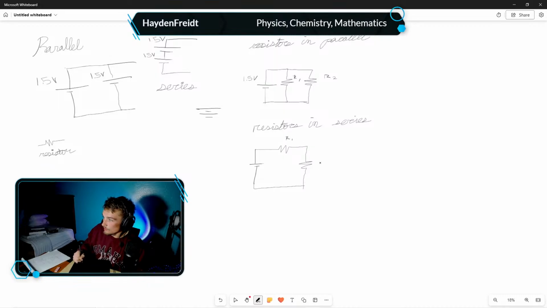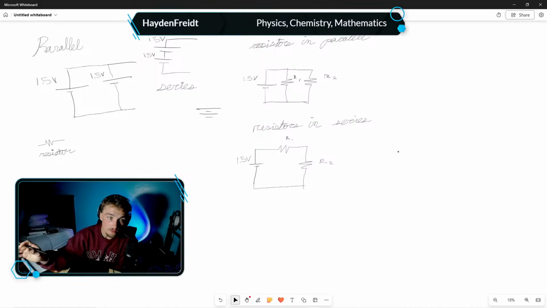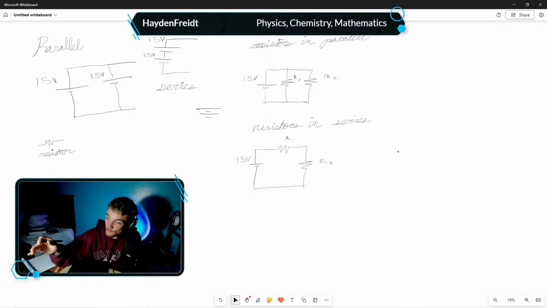And again, R1, R2. Okay, so again, when you have resistors in parallel, they're going to manipulate the current. When you have resistors in series, they're going to manipulate the voltage.